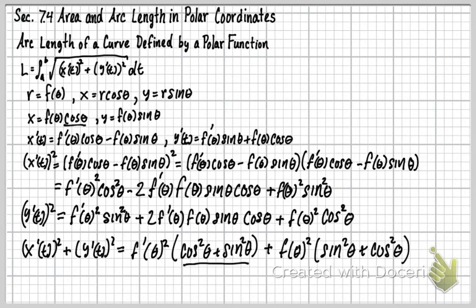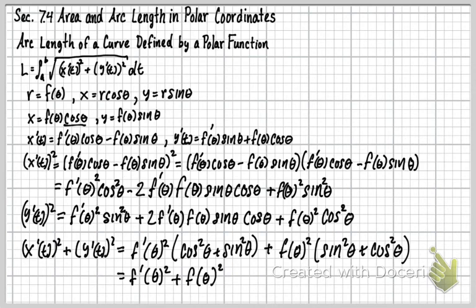And we know that these actually equal 1. So by adding those together, we get f prime of theta squared plus f of theta squared.